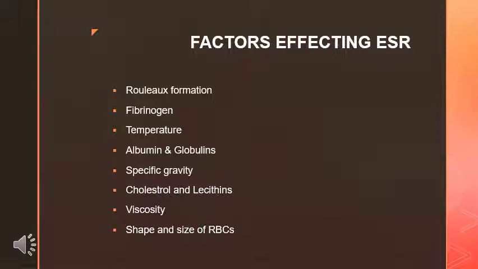Cholesterol and lecithin amount in the sample, viscosity of blood, which means hemoglobin or RBC concentration, shape and size of RBCs. As I have discussed, in sickle cell anemia the shape of RBCs is disturbed, so in sickle cell anemia usually ESR will be decreased. So these are some factors.